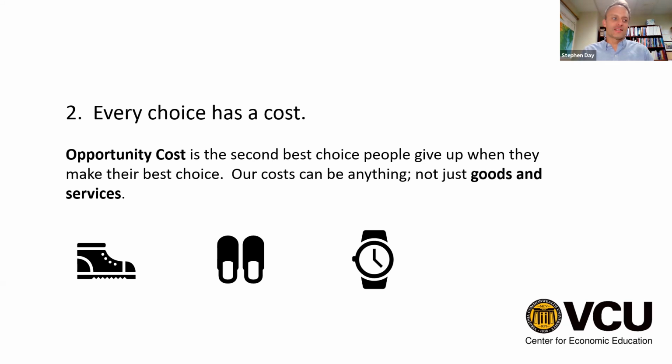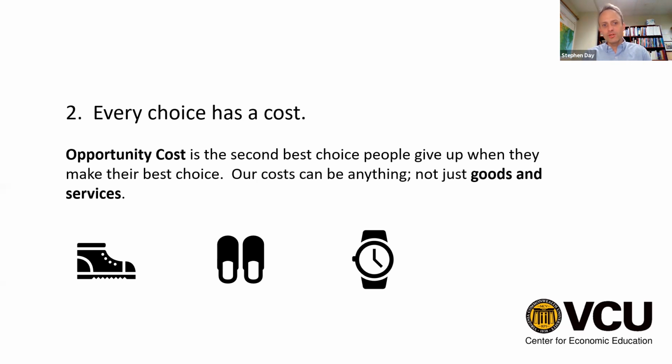Another way to say that is that if you're weighing the costs and benefits of your choice, when you're asking what would I give up, it's really only meaningful if you can identify a specific thing that you're giving up. If you said you're giving up everything, well, then the benefits of everything would outweigh the benefits of the one thing that you choose, and that would screw up our analysis.